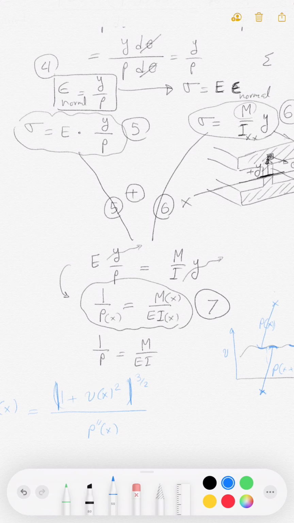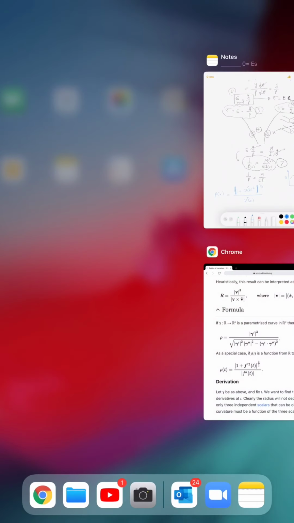So v, this first derivative prime. Now here, by the same token, becomes v second derivative at x, right? This is the exact translation of the same formula we have from Wikipedia. So let's go back and compare.